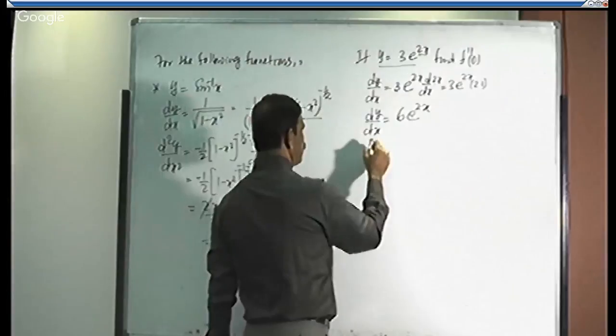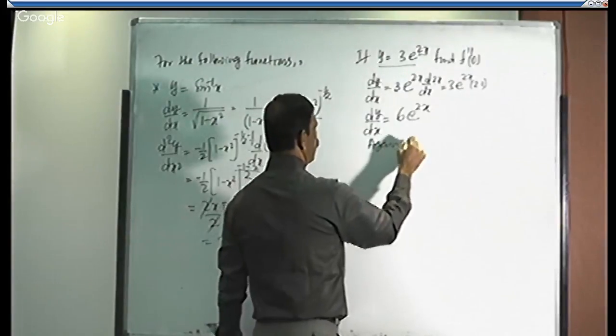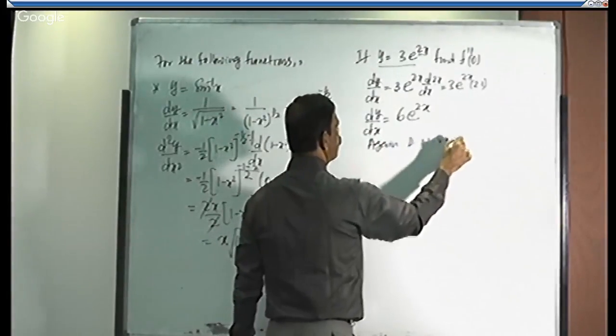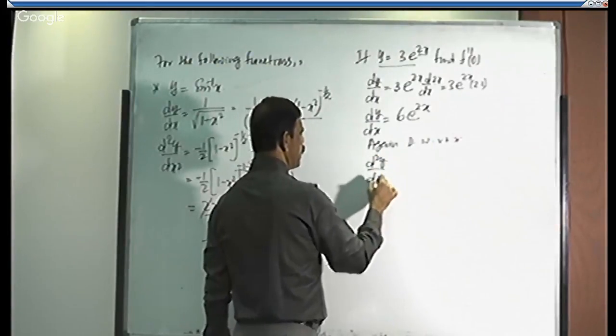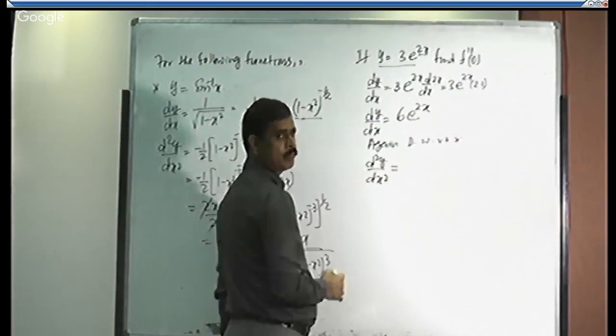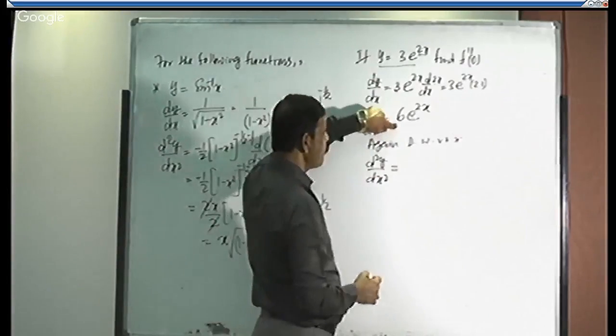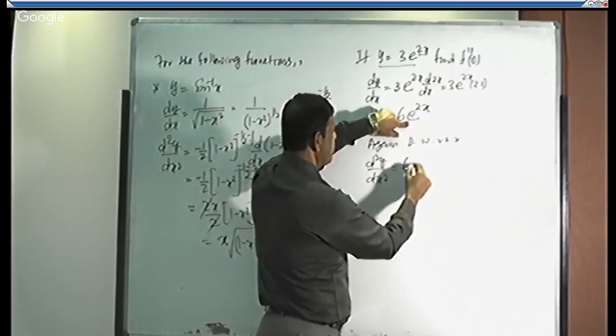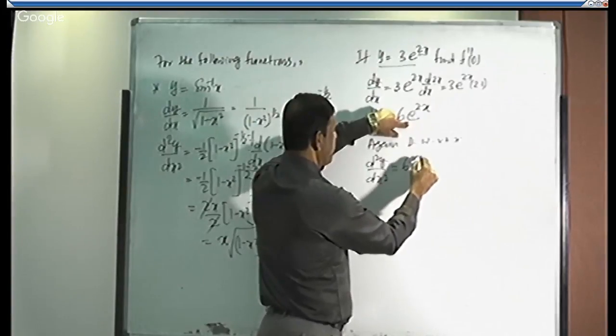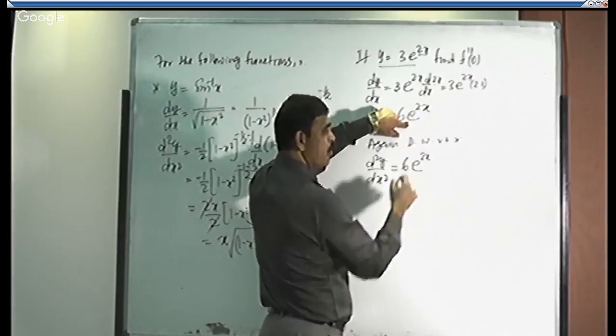Again differentiate it. Again differentiate with respect to x. We get d square y divided by dx square, that is equal to, again it is in constant into function form. Keep constant as it is. Differentiate function. Differentiation of e power x is e power x.